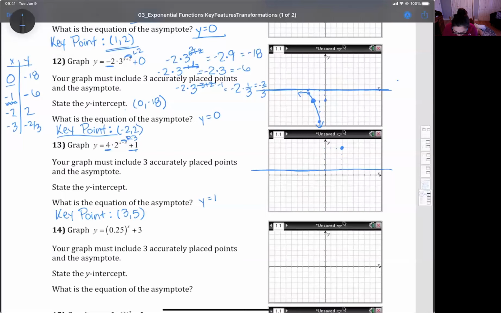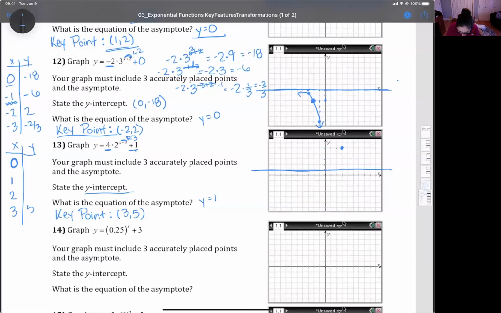And now I want to find 2 more points on this. One of them is going to be the y-intercept again, and then another point that fits nicely on my graph. So I'm going to, again, make a table. So x and y. I already have the point 3, 5. I want the y-intercept, so I need to plug in x is 0. And then I'm going to try 1 and 2.